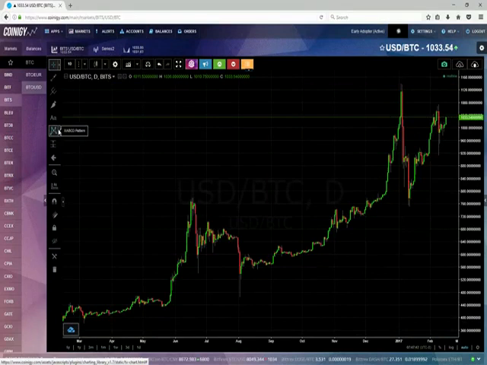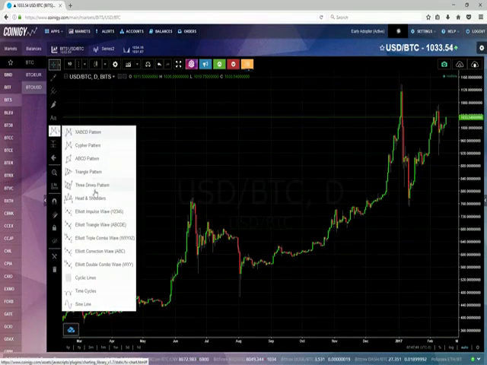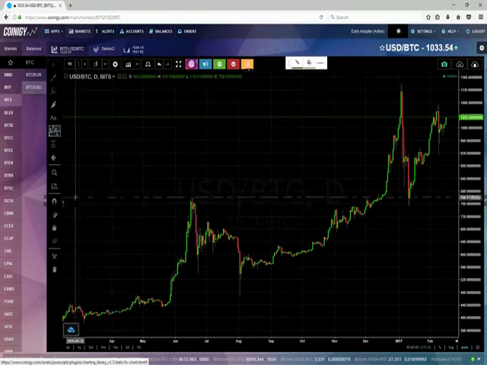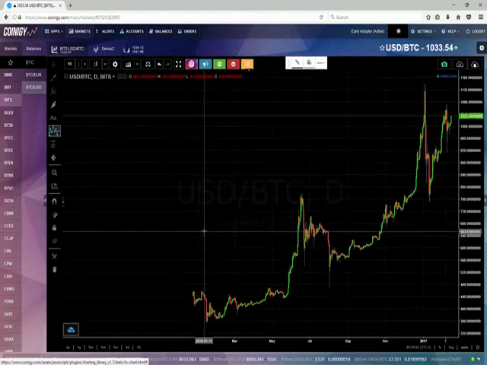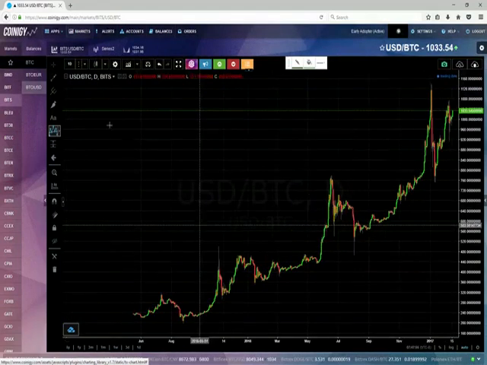Now you also have these other patterns here. My favorite out of all of these is head and shoulders, which we'll get into later, but you can draw out various different types of patterns. So again, you just left click it.